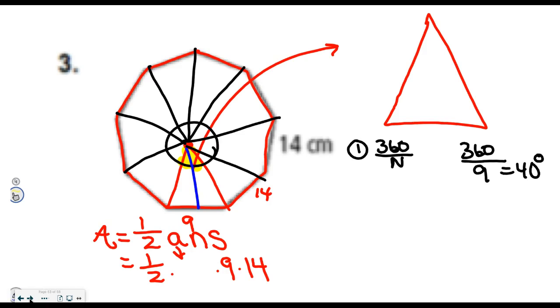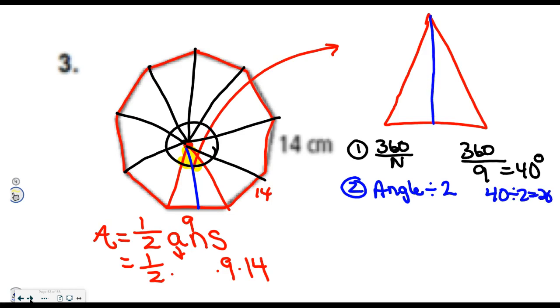So step 2 is you're going to take that angle, that 40 degrees, and divide it by 2. For mine, it'll be 40 divided by 2, which is a 20-degree angle. So I drop this down, cutting that 40 degree into a 20, and I also made a right triangle.